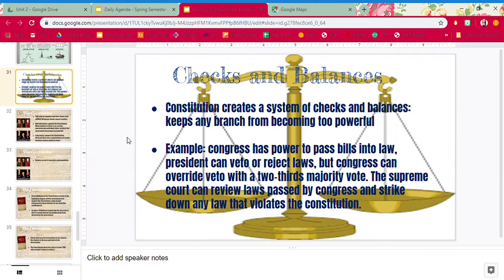Okay. But then the Supreme Court can also review the law and they can actually strike it down if they think the law violates the Constitution. So, like I said, as you see, no one branch can do whatever they want. They all oversee each other and check each other. So it's a really smart way to make sure that no one person or group has all the power.